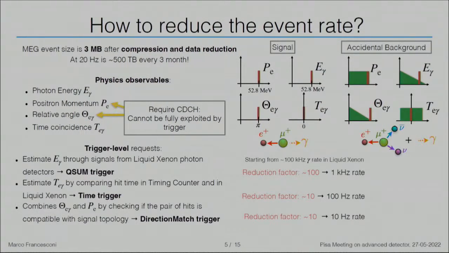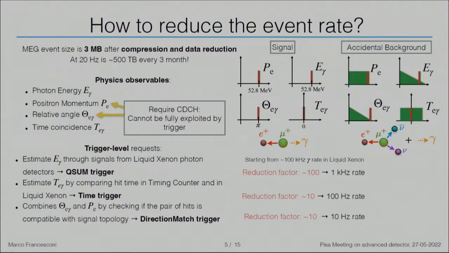In summary, the requests we make are 3. The first one is the estimate of the gamma energy by the signals coming from the liquid xenon, and we call this the Q-sum trigger. We have the T gamma by comparing the hit in the xenon and the hit in the plastic scintillators, and we call this the time trigger.